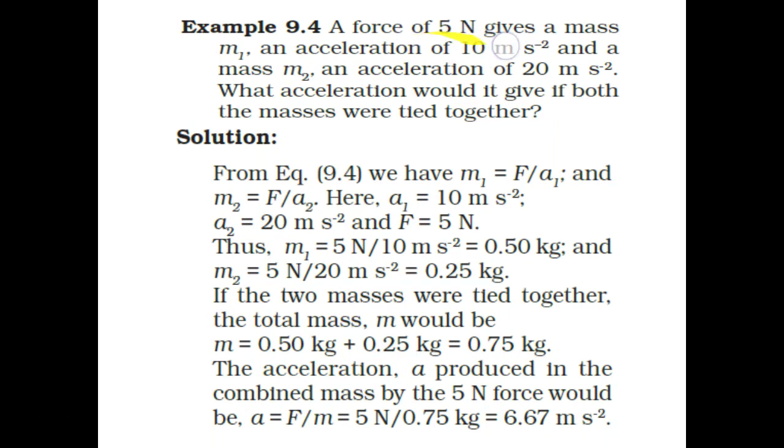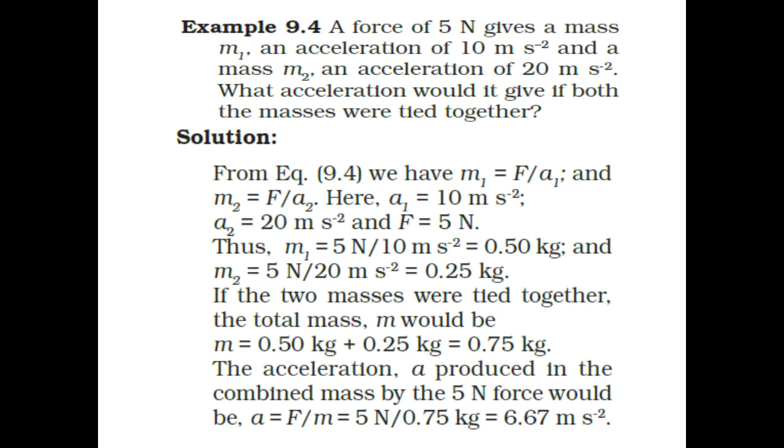Question 9.4. A force of 5 Newton gives a mass m1 an acceleration of 10 meter per second square. This is force, this is mass, and this is acceleration. And a mass m2 an acceleration of 20 meter per second square.